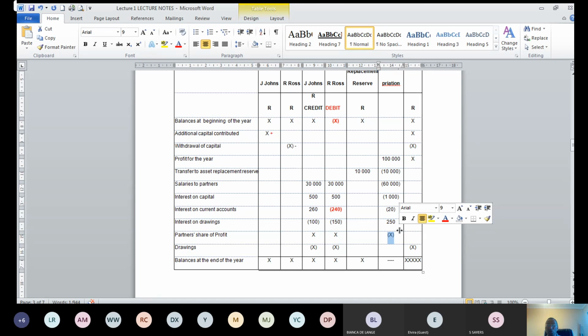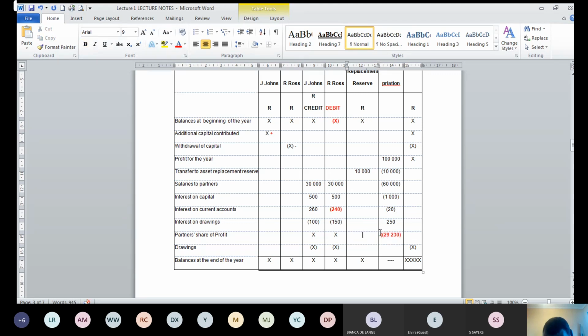So the available profit will be 100 minus 10, which is 90, minus 60, which is 30, minus 1, which is 29, minus 20, plus the 250, I get 29,230 in my example. First, calculate the available profit.